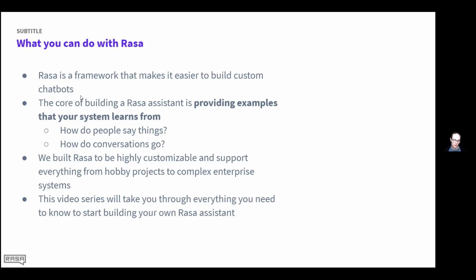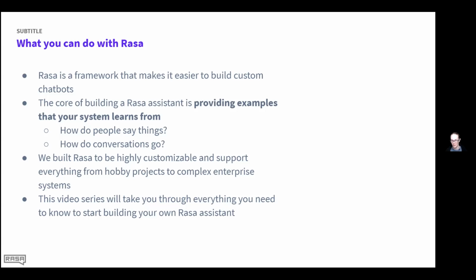The most important thing in building a Rasa assistant, which is different from other systems where you might use pre-trained modules, is that you provide the examples that your system learns from. That includes intents: the person using the assistant said this, so how do I classify that into a class that lets me make a further decision?